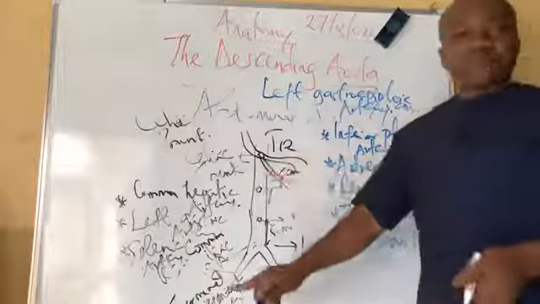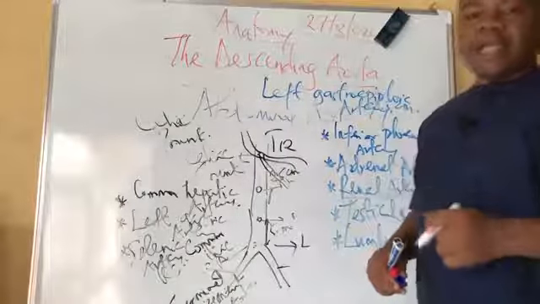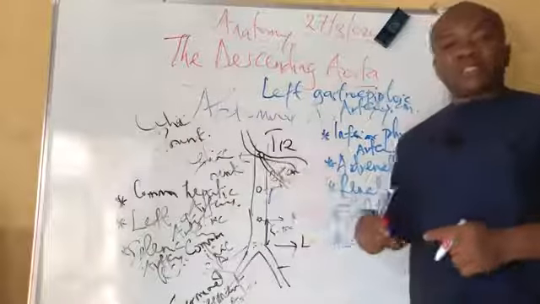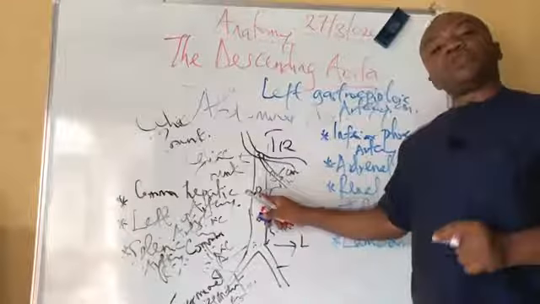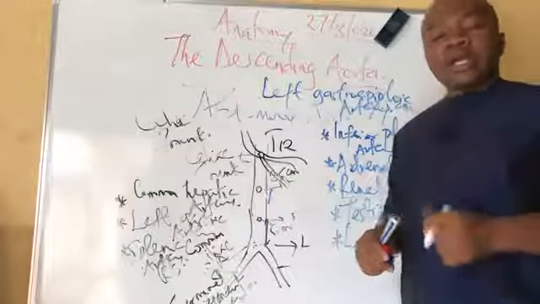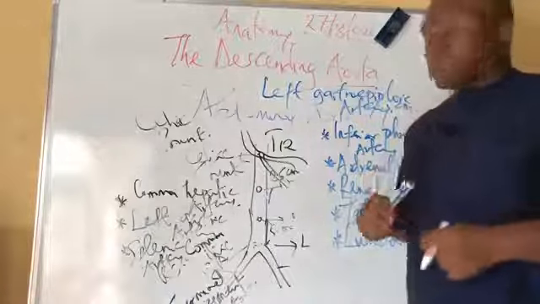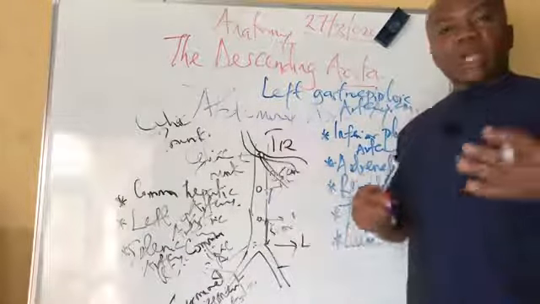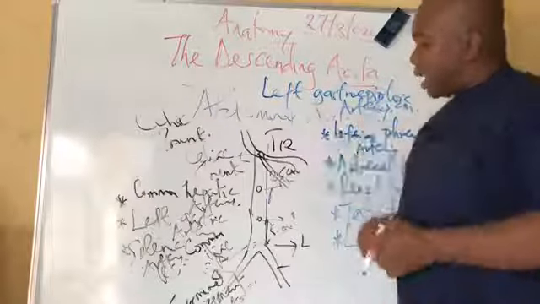It also gives out another branch which is called the superior pancreatico-duodenal artery. This superior pancreatico-duodenal artery will have to anastomose with the branch that will come from the superior mesenteric artery that is called the inferior pancreatico-duodenal artery. The two of them will form an anastomosis at the head of pancreas, and they will supply both the second part of the duodenum and that of the pancreas.